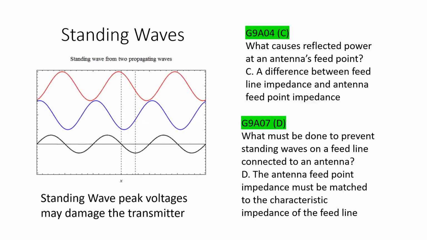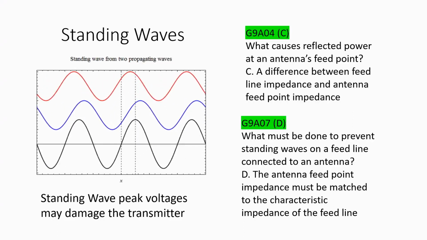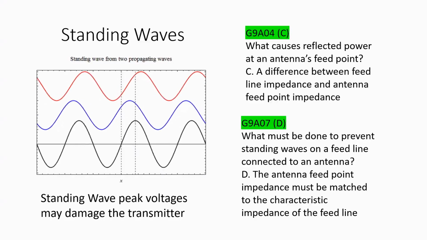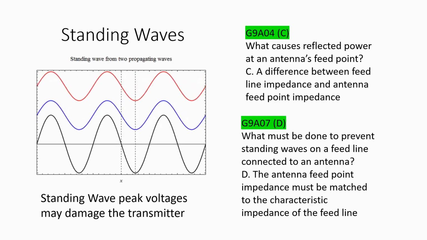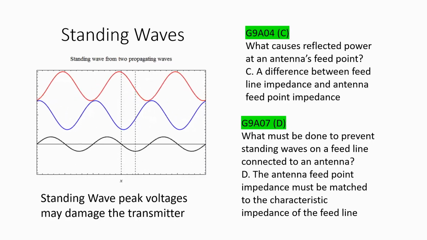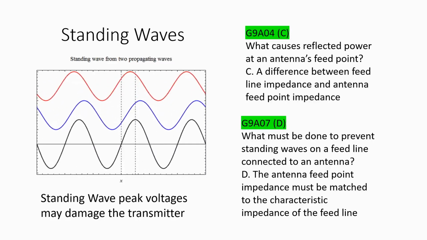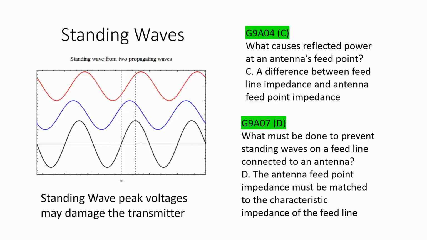Remember, the impedance of the antenna varies a little bit with the frequency, because it may not be resonant exactly at the frequency you're on right now. It's affected by the height, it's affected by a lot of things. So you never have quite a perfect match.